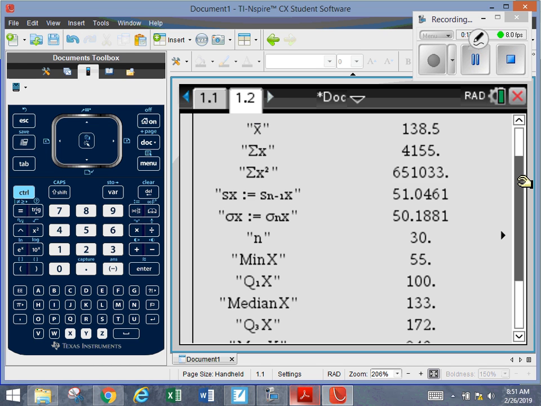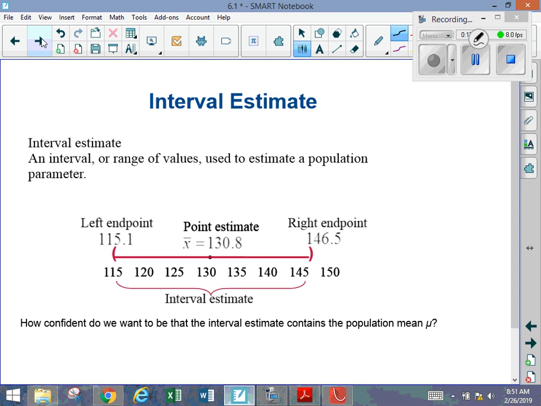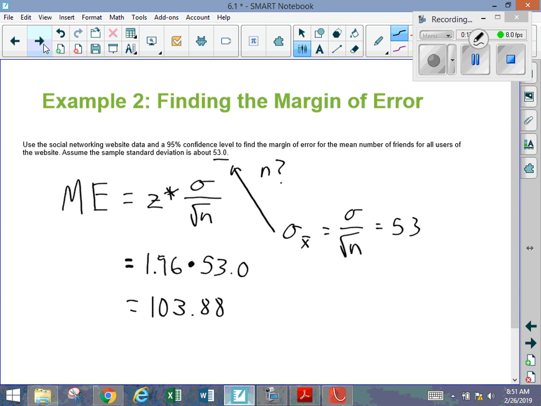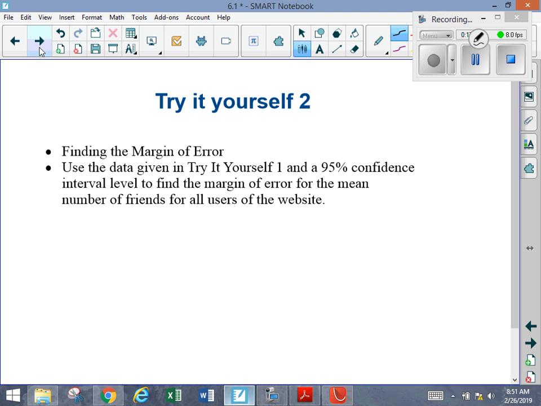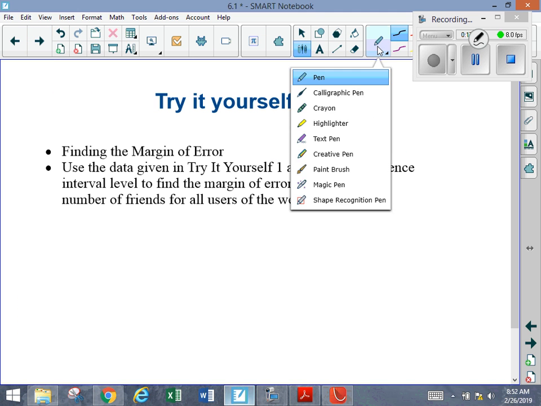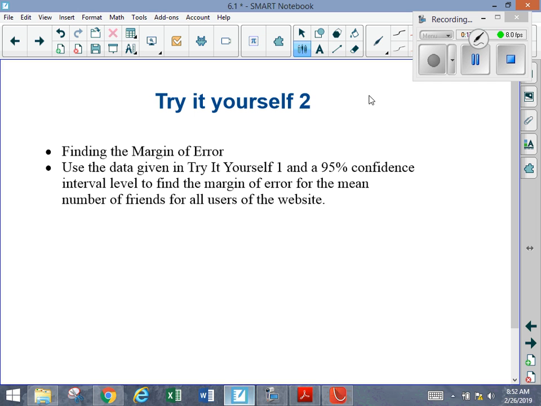So now I can go back to where I was being asked this question in try it yourself two. So my margin of error is equal to my critical value times the standard deviation of my sample over the square root of my sample size.